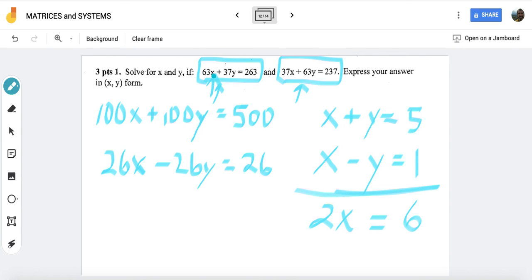And that could take a little, oh, no we don't. We could just plug it in here, right? 3 plus 2 is 5. 3 minus 2 is 1. Oh yeah, very confident the answer is 3, 2. And it is, because I cheated and looked at the answer. That's it for matrices and systems. Look at my notes if you want to deal with more complicated problems. Have a great day.